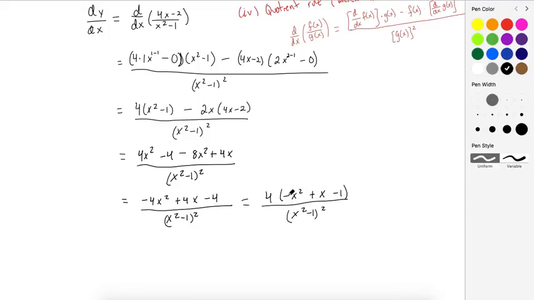Now you see, this can't be factored, so we can only leave it as this. So the derivative with respect to x of that function that we started with, which was 4x minus 2 over x squared minus 1, is equal to this value right here, since it can't be simplified any further.